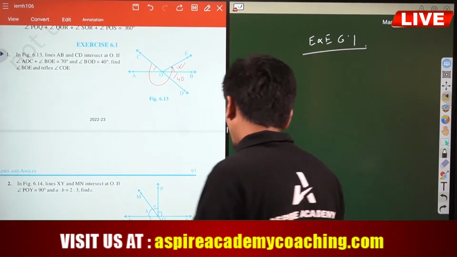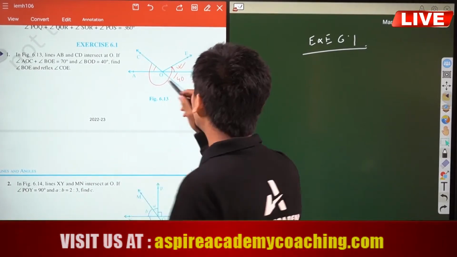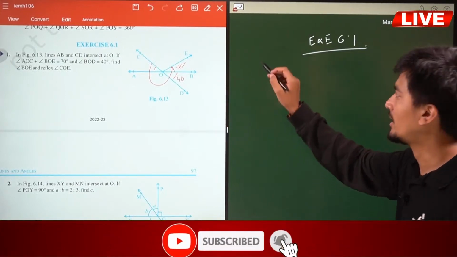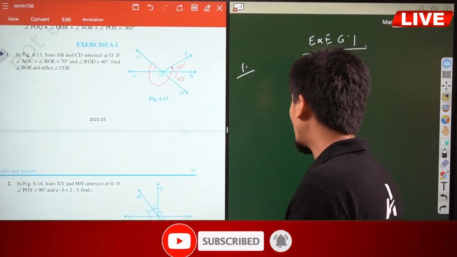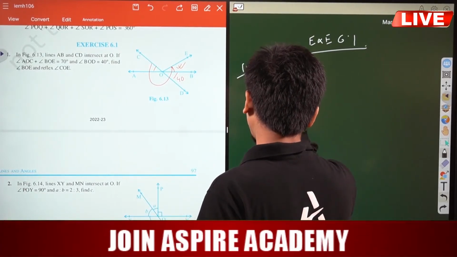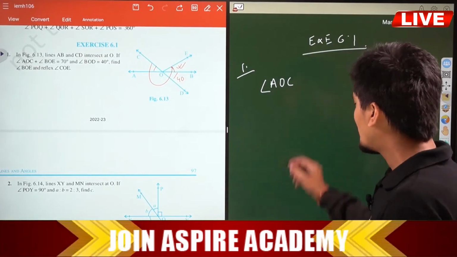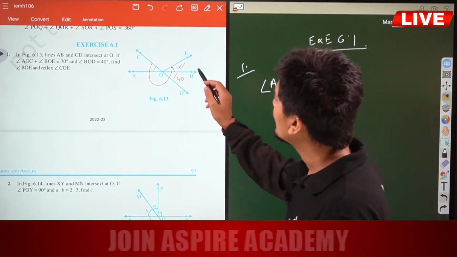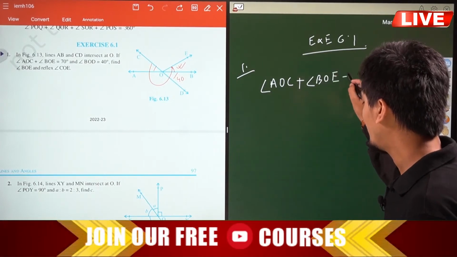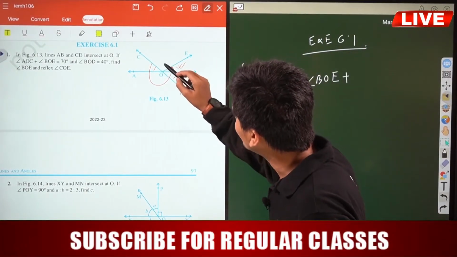So how will we do it? From the given diagram, I will not draw the diagram. You just look at it from here. So from the diagram, we have angle AOC plus angle BOE plus angle COE, this angle also.